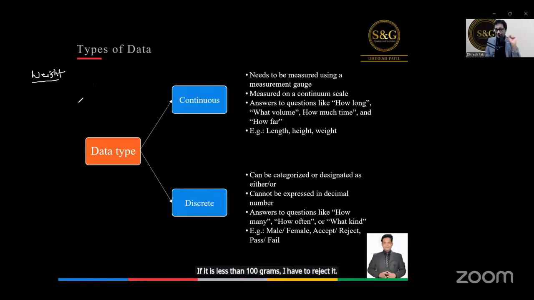So the first battery I have checked, the weight is 99.2 grams. Which data is this? Continuous or discrete? Type C or D in the chat box. Weight 99.2.